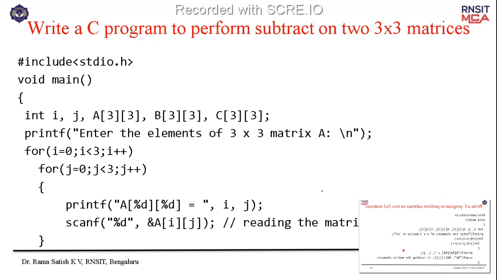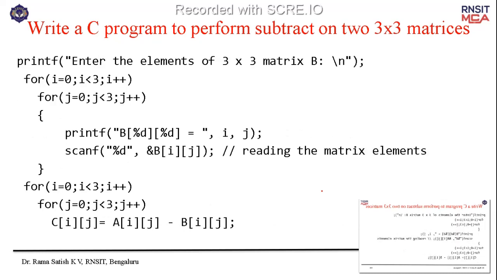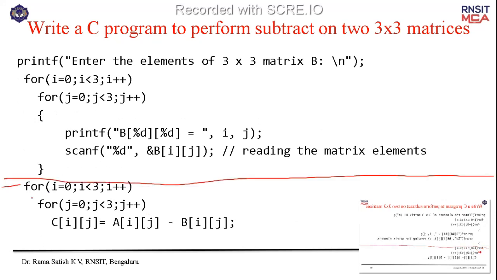And you have to read matrix A. Similarly, how we have done in the previous program, you have to read matrix B, and observe here, after reading matrix A and matrix B, for loops are created for i is equal to 0, for j is equal to 0, and 0 to 3, 0 to 3.